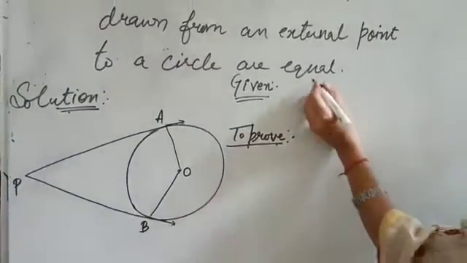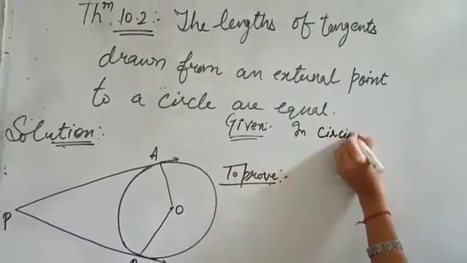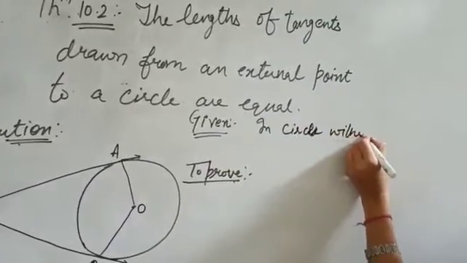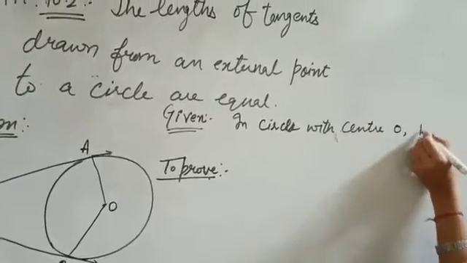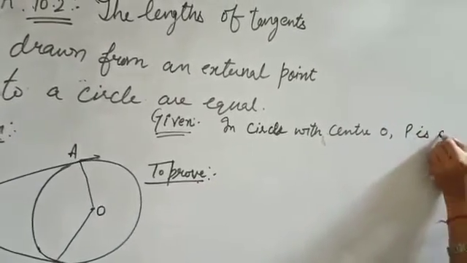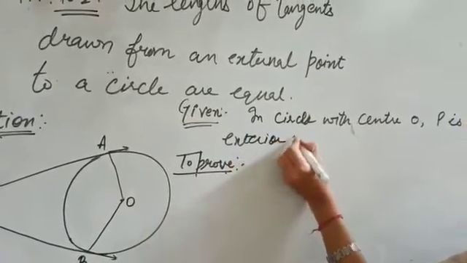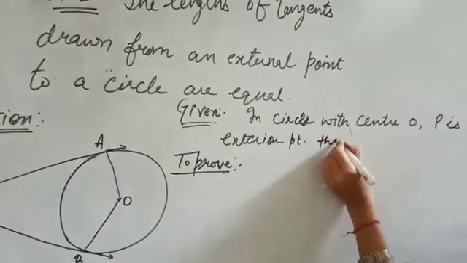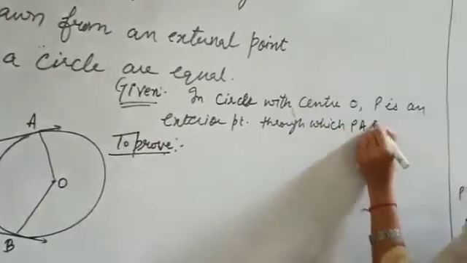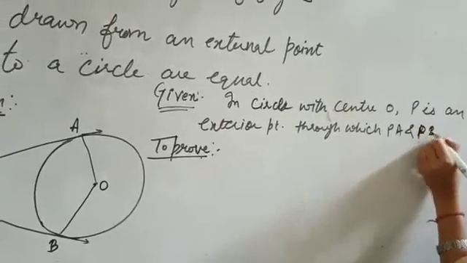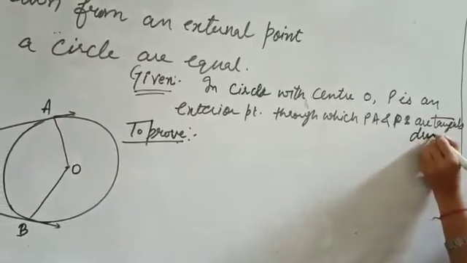So in the given part we will write: in the circle with center O, P is an exterior point through which PA and PB are the tangents drawn.